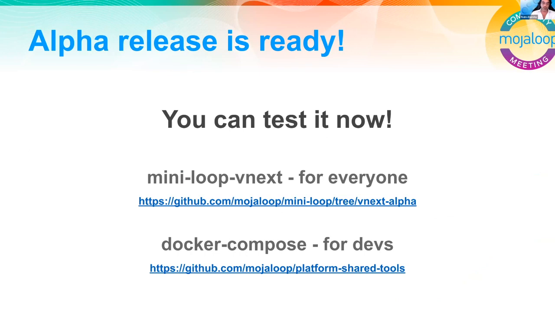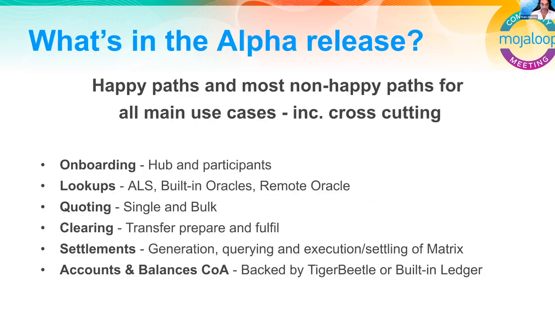This is probably what everyone should be testing. There's another way of doing it, which is the Docker Compose. It's a bit more hacky, it's a bit more tricky, but it allows more flexibility, obviously. This is mostly for developers who are interested in testing or running different parts at different versions and so on. So it's out. You can go there and you can try vNext already today.